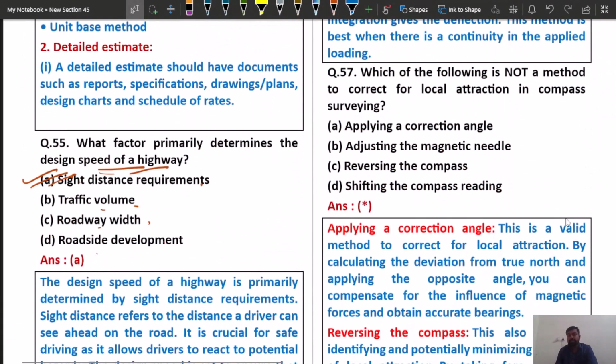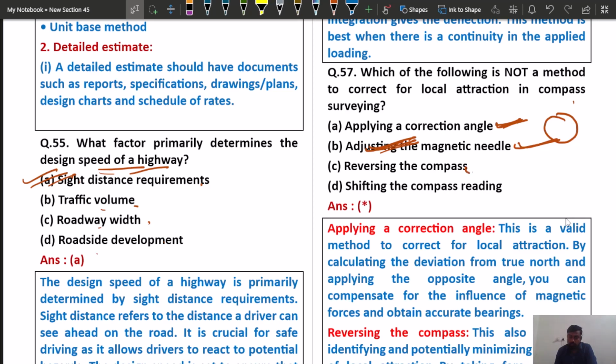Which of the following is not a method to correct for local attraction in compass surveying? Options: applying correction angle, yes, this is needed to correct the local attraction. Adjusting the magnetic needle, no, we can't change the basic structure of the compass, so the magnetic needle cannot be adjusted.